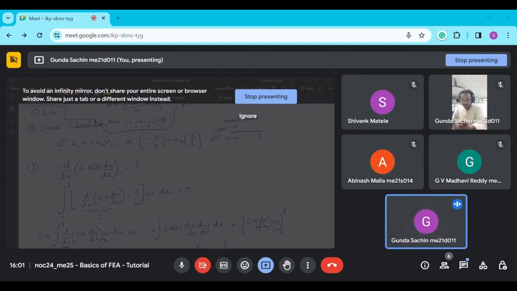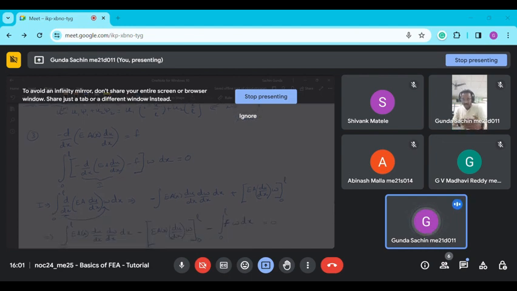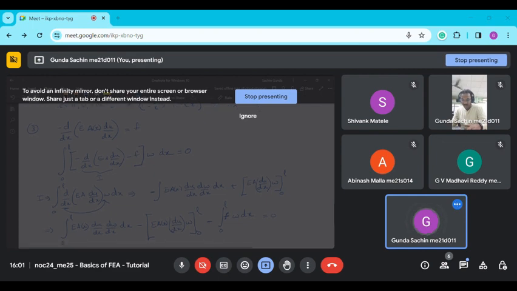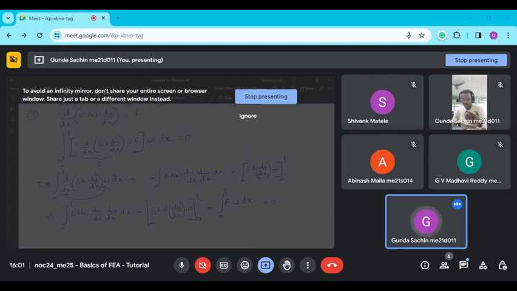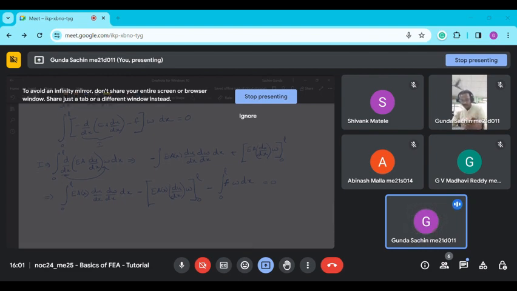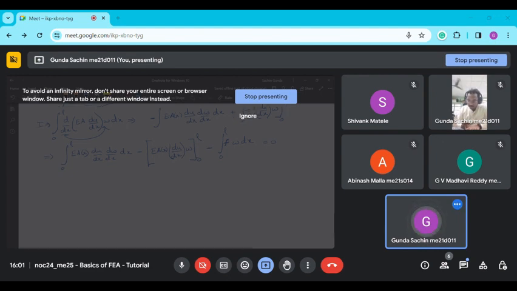And then we are using linear interpolation functions, that is u of x will be u1 times (1 minus x by l) plus u2 times (x by l). And then we took the differential equation and converted it into an integral by multiplying the weight function to the error, and then made it into weak form, and the order of derivative is reduced. Now we are going to substitute all the equations into this.